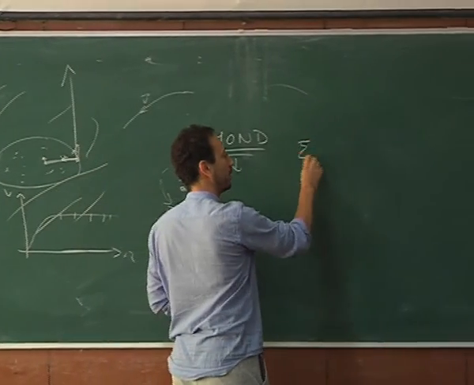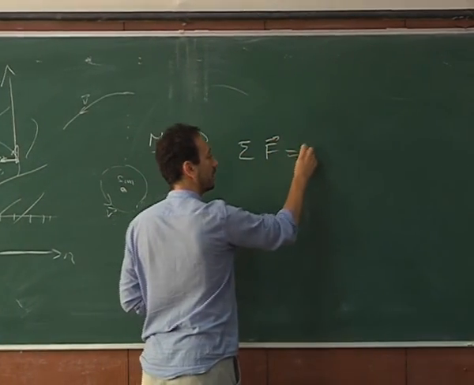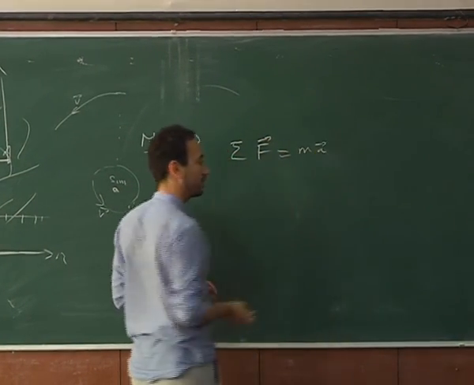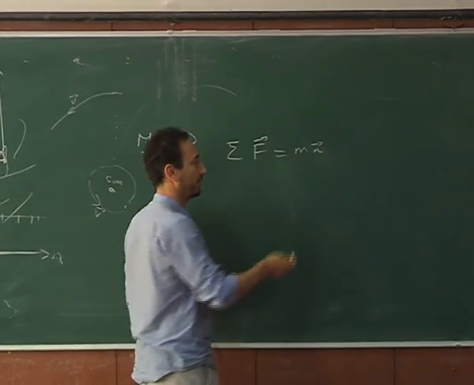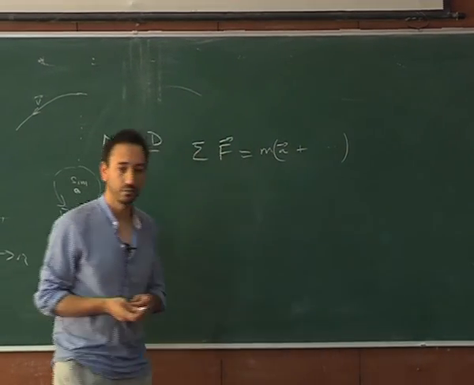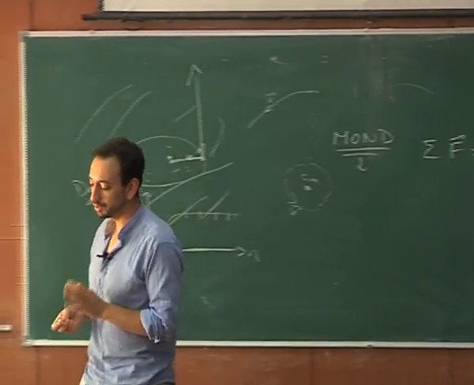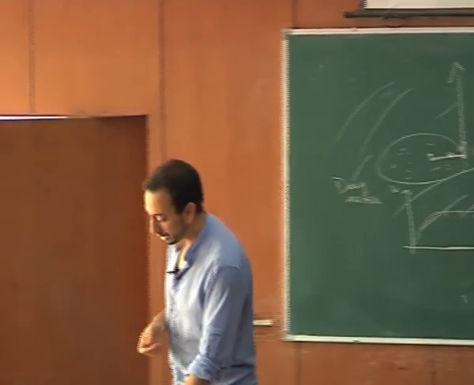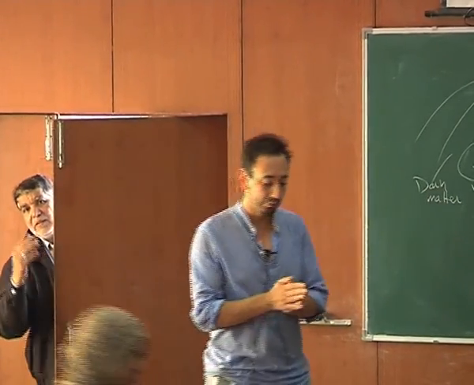Newton says that the summation of forces is equal to m times the acceleration. So they just modify this acceleration by something. It's just a Newtonian theory. It's not at all a relativistic theory. So this is the idea of MOND.